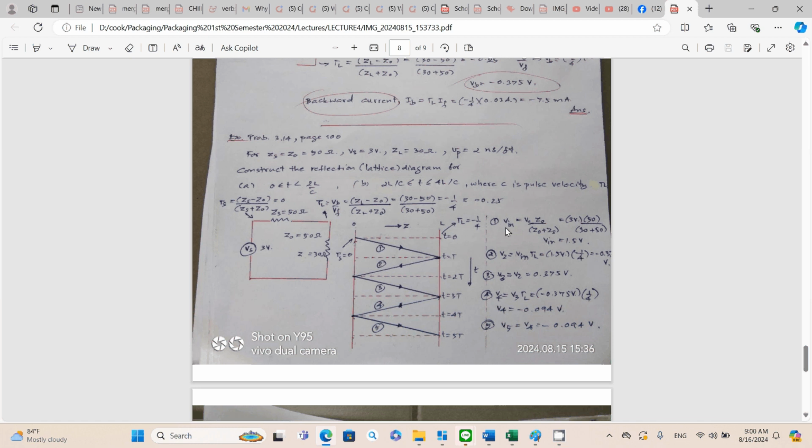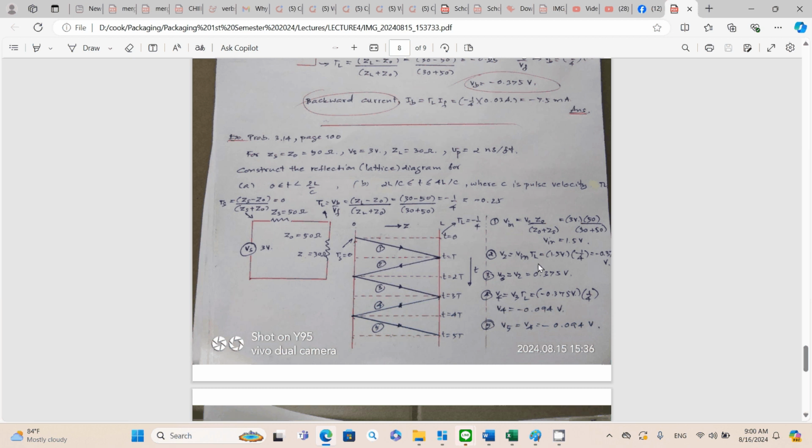So you have Vin, that's the input to the transmission line, is 1.5 volts instead of 3 volts. We worked out a problem like this before, in previous problems. Number 2, you have V2, because this is the input voltage reflected back from the load to the source.